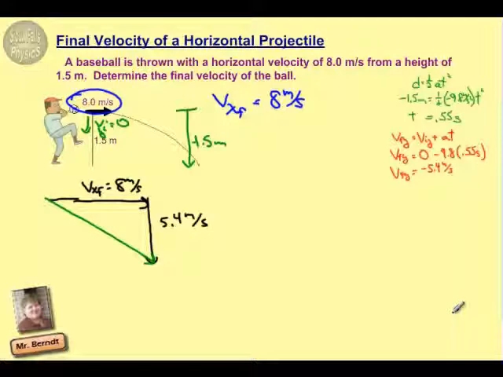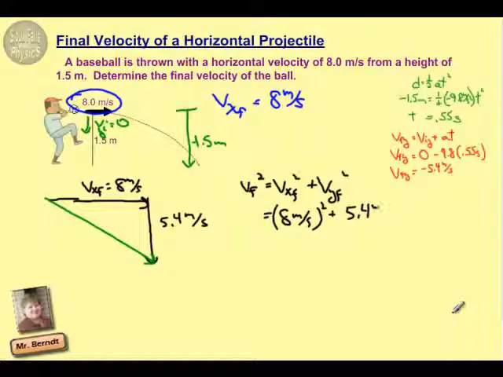By using the Pythagorean theorem, we can solve for the magnitude of this. To do that, we simply do v final, this is my total, equals vx final squared plus vy final squared. So I've got 8 meters per second squared plus 5.4 meters per second squared.